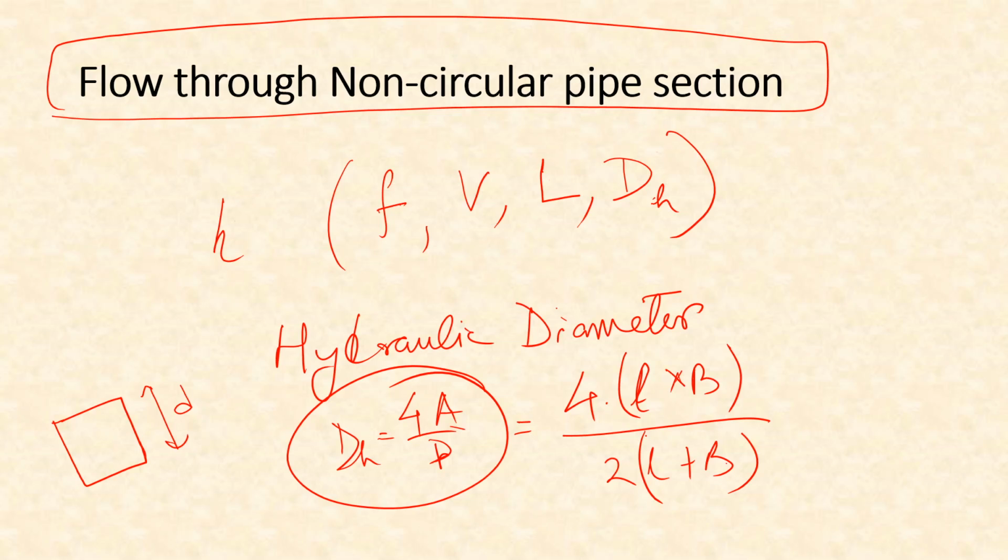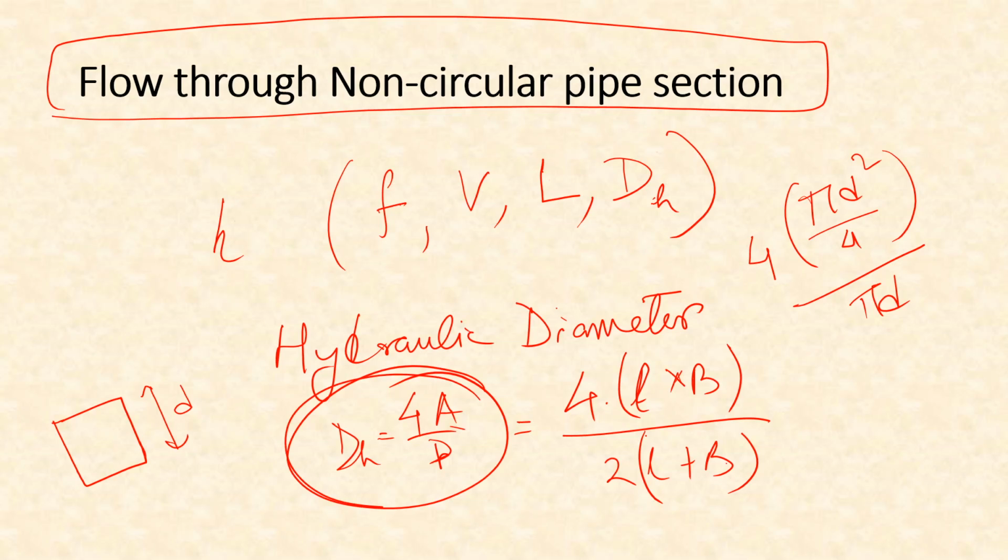Now, if you do the backtracking for a circular pipe, what is the area? Area is pi d square by 4, and the perimeter is pi into d, and we have the hydraulic diameter formula as 4A by P. If you cancel 4 by 4, pi by pi, and d by d square, it simply remains d.